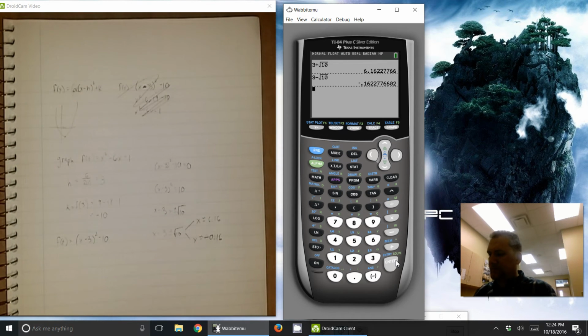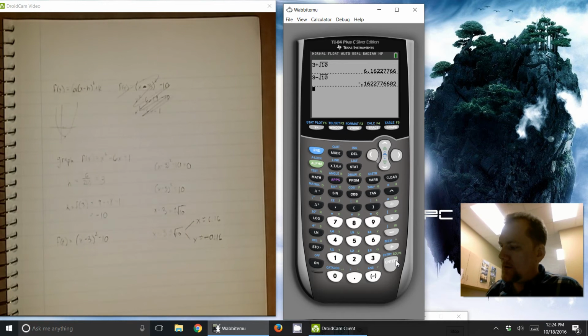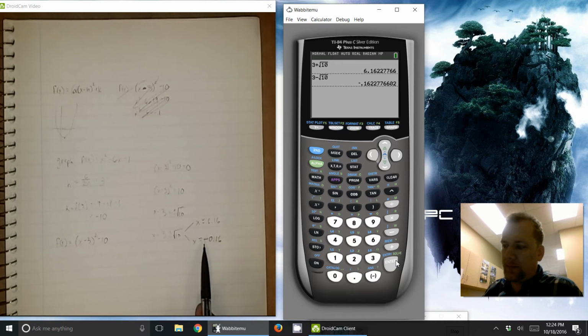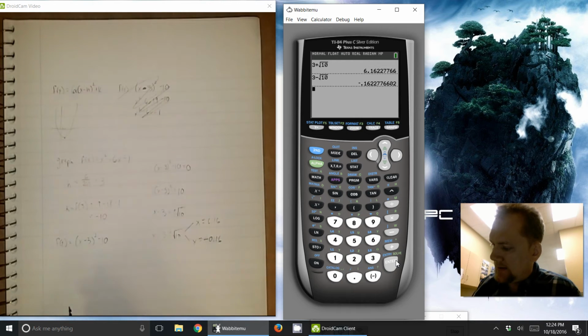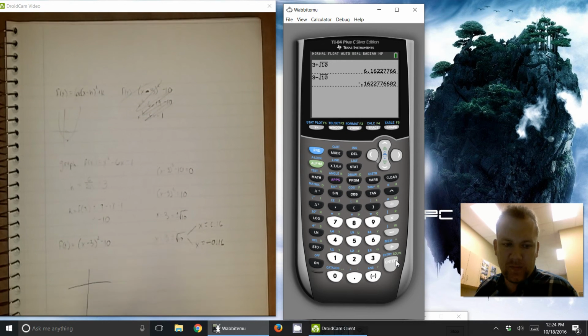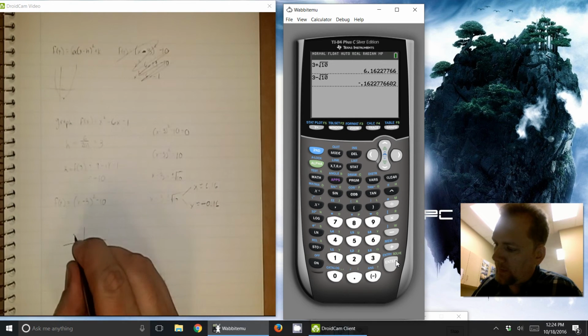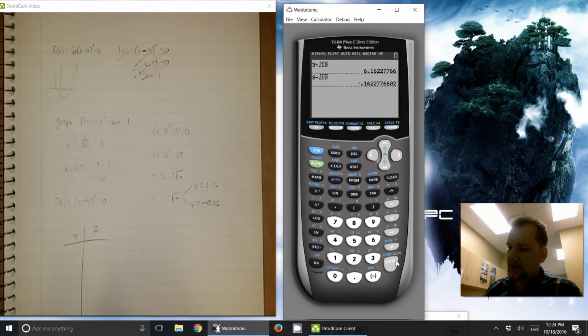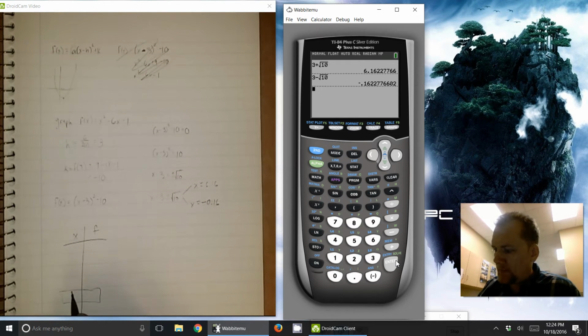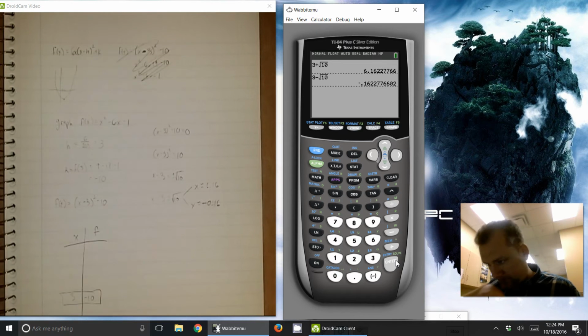Alright, so with this we can set our table up. Now 0 falls barely within that range, which means that we need to have the y-intercept first. So that's what I'm going to do. I'm going to set this up. So I'm going to put my vertex in the middle. 3, negative 10.